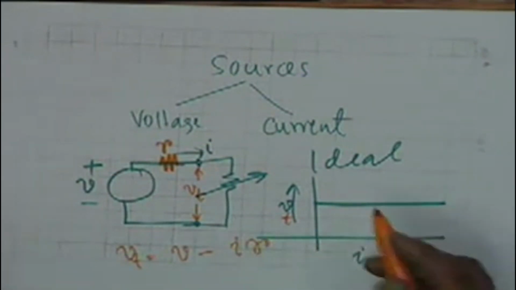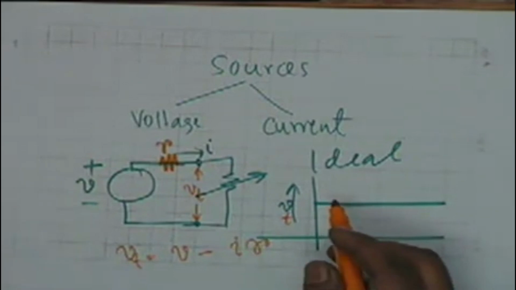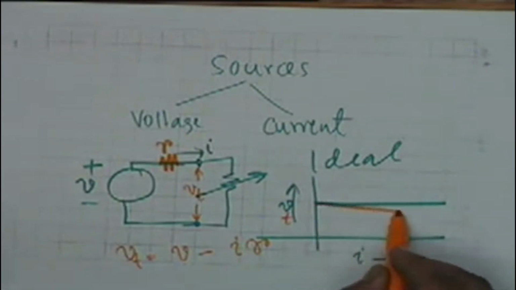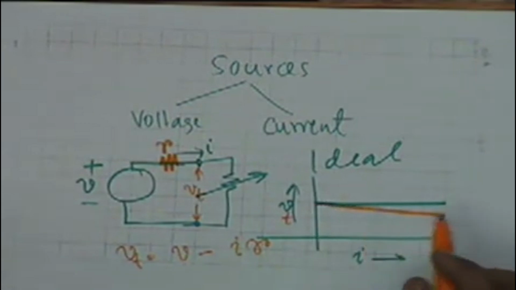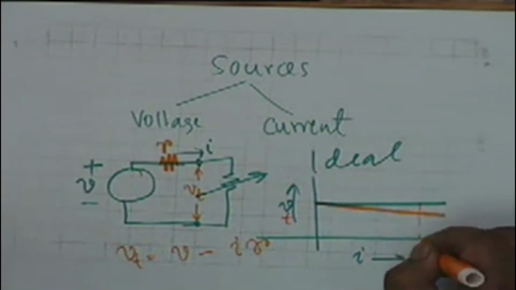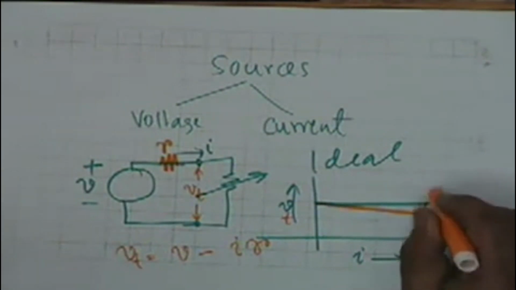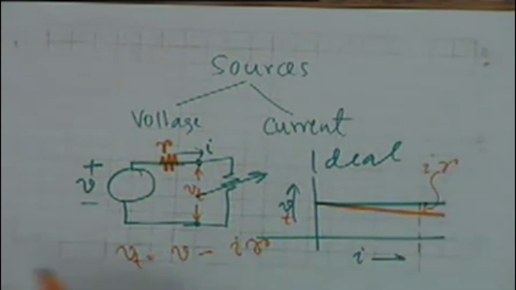It is an equation to a straight line which decreases as I increases, and at any point the difference is I times r.